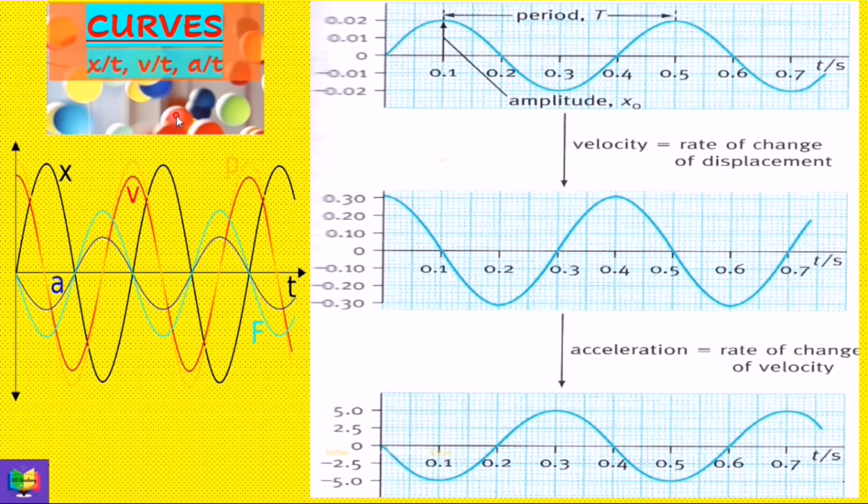The left hand side again shows the same picture but in combined form, where I have plotted the graphs on the same axis, and it is seen that all these graphs have the same general form. X is the displacement time graph, letter V shows the velocity time graph, and letter A shows the acceleration time graph.